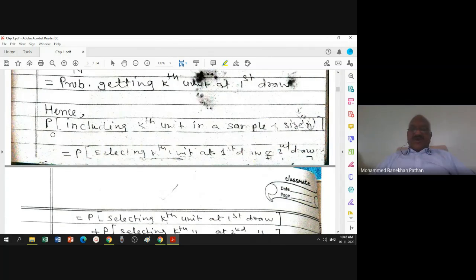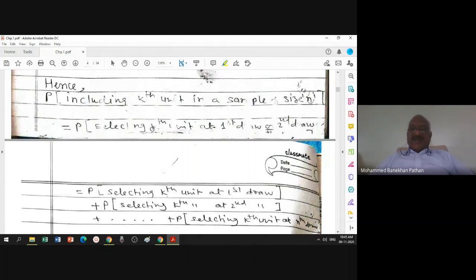This equals the probability of selecting the kth unit maybe at the first draw, maybe at the second draw, or third draw, and continue.